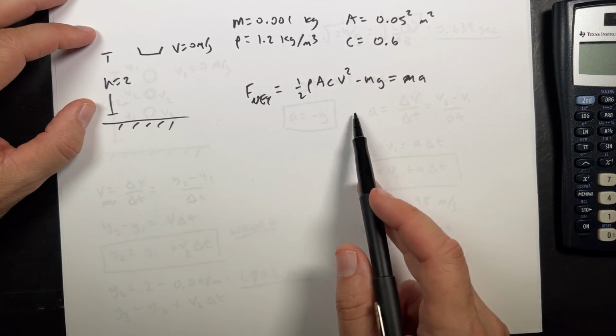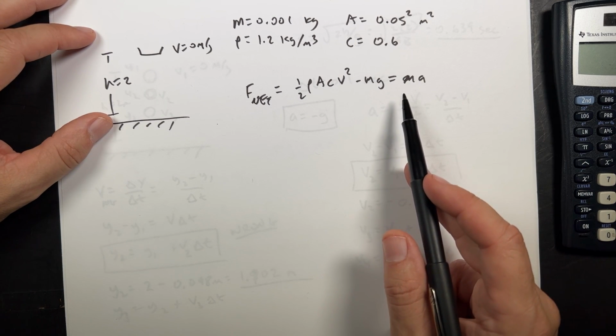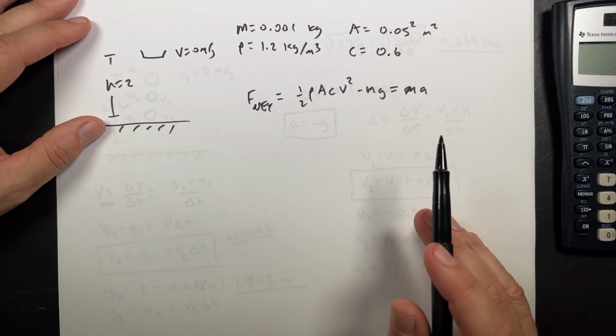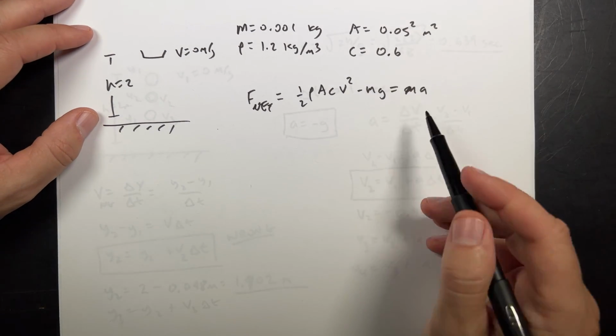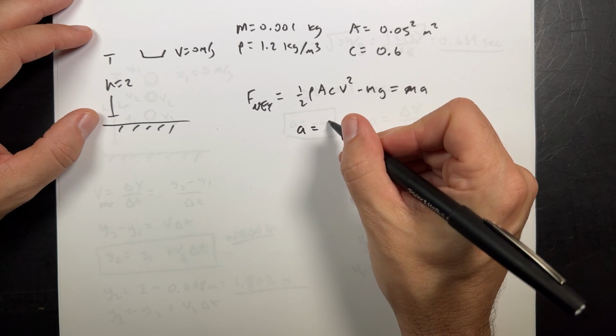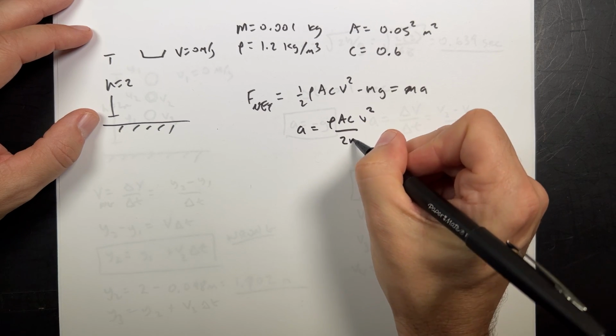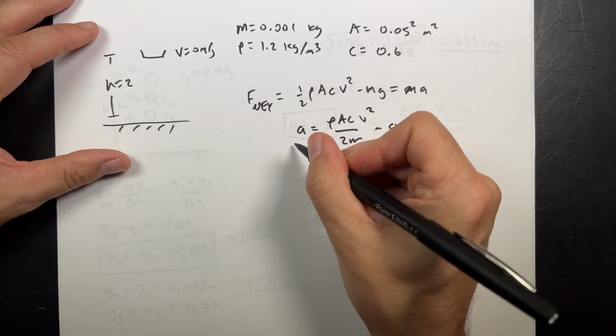So in this equation, what I want to do is find the acceleration. And I'm going to assume that that's constant. Before it was, and this time we're going to assume it's constant. So if I divide both sides by the mass, I get a equals rho A C v squared over 2m minus g.